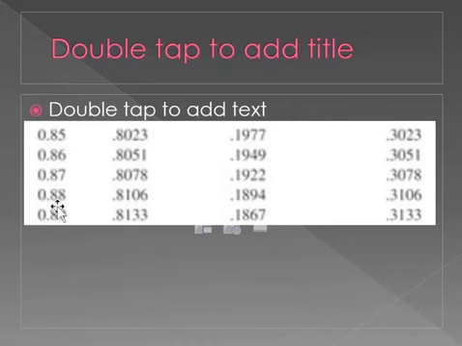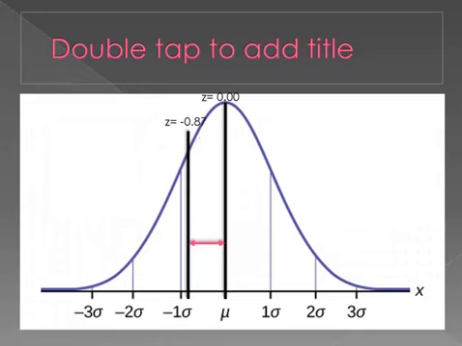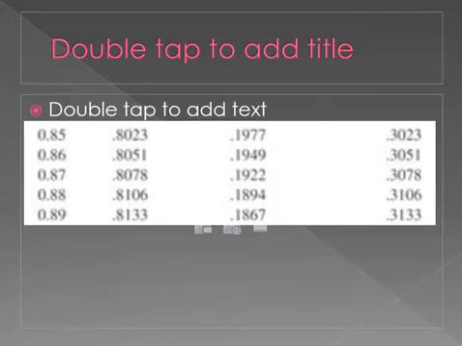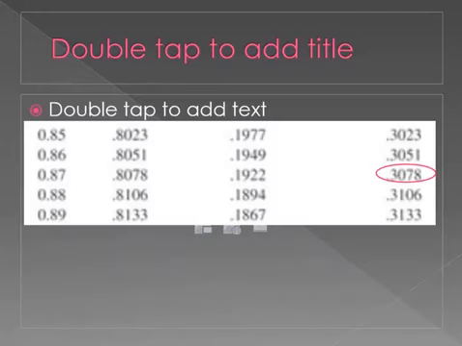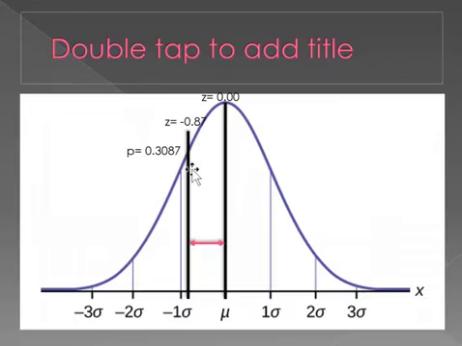But remember, because our distribution is symmetrical, we can treat these as absolute values. So even though in reality it's negative 0.87, the z-score we're looking for in the table is 0.87. And if we're looking at the proportion between the z-score of negative 0.87 and a z-score of 0, that's just another way of saying that we're looking for the proportion between mean and z. And so the proportion in that case is not negative 0.3078, it's simply 0.3078. See, it's not negative.